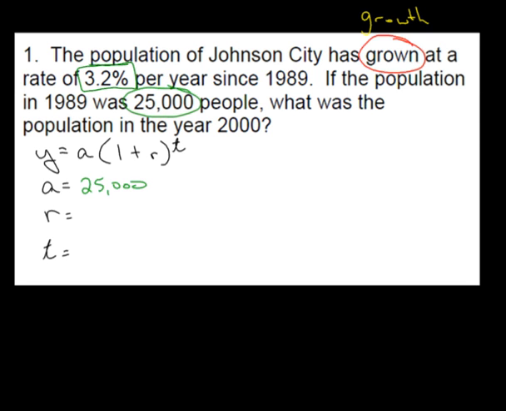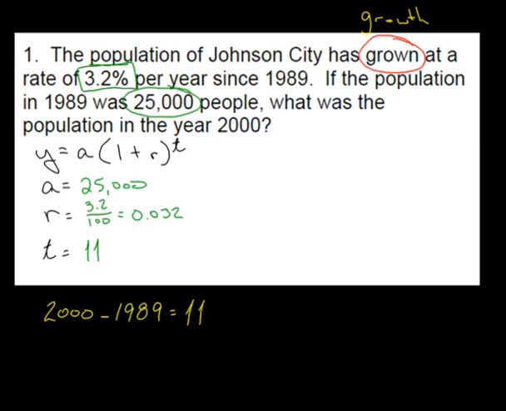It's 3.2, so I'm going to put 3.2 over 100, which gives me 0.032. T is our time. I'm going to take 2,000 and subtract 1989, and I find out t is going to be 11.